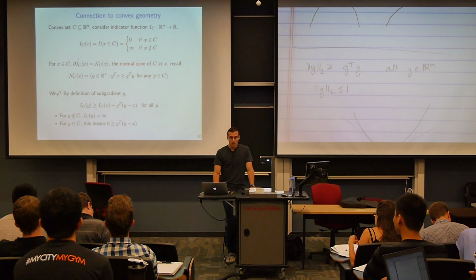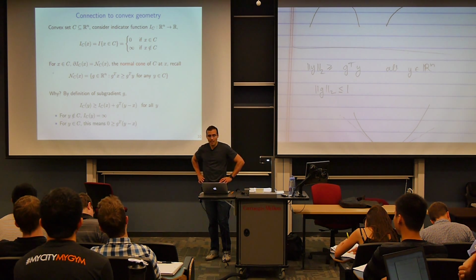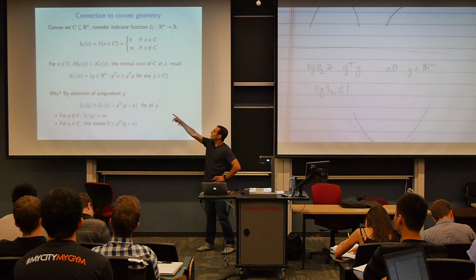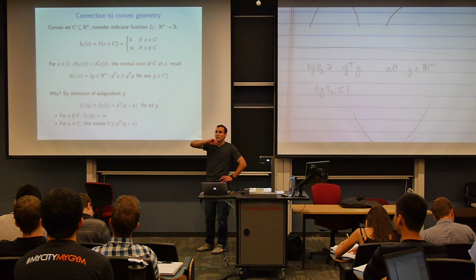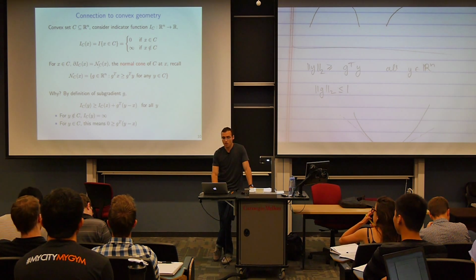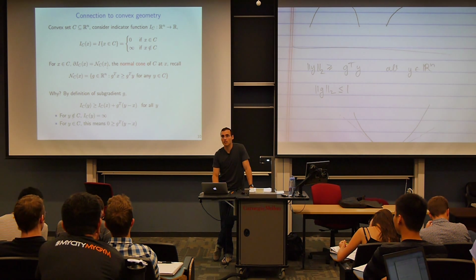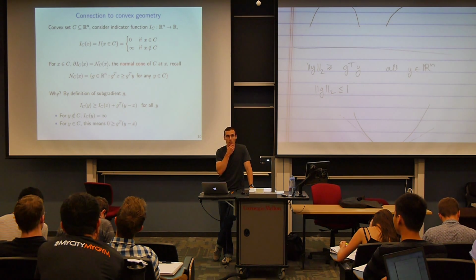What are its subgradients? Well, for x that are in C, the subgradient of the indicator function at the point x is just the normal cone to the set C at the point x. That's something that we saw already when we talked about convex sets, normal cones.